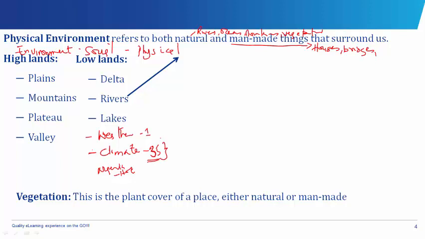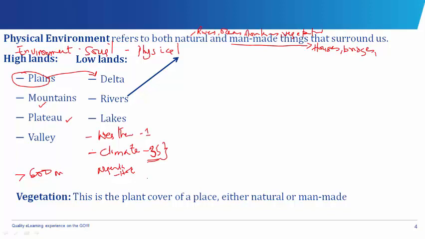Now let's look at highlands and lowlands. Okay, so examples of highlands, we have mountains, we have plateau. Let me explain this first. The plains are for our lowlands. Okay, so mountains are highlands which are greater than 600 meters above sea level.